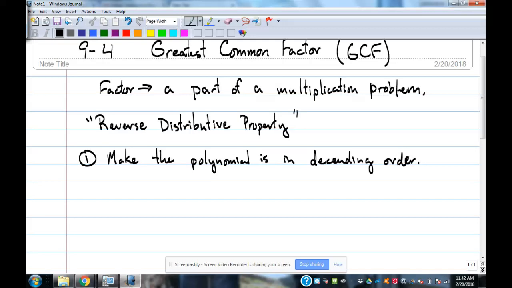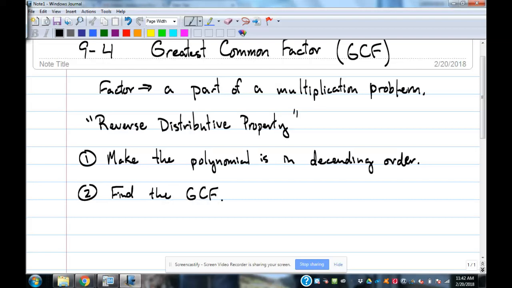We would say write it from greatest exponent down to the least, greatest to least. That's what I mean by descending order, greatest to least in exponents. Okay, so make sure it's in descending order first, and then you'll find the GCF. Okay, that's where we're at today.